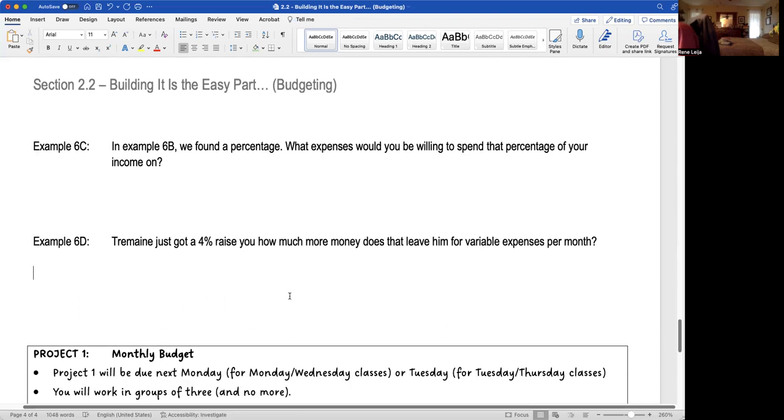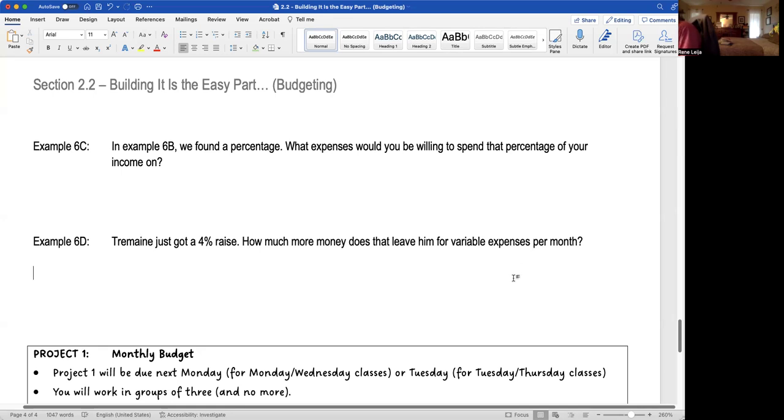Okay. All right. 6C. Tremaine just got a 4% raise. How much more money does that leave him for variable expenses per month?